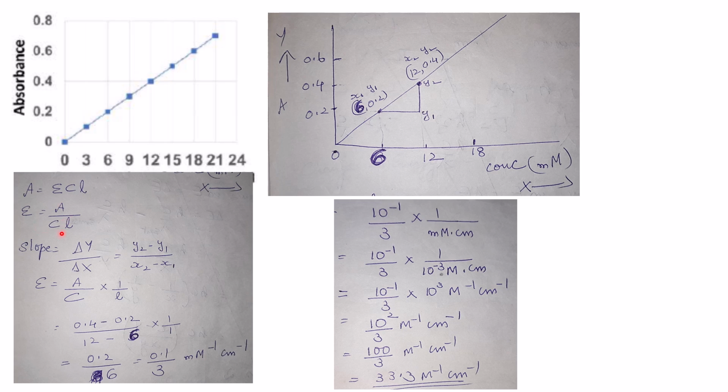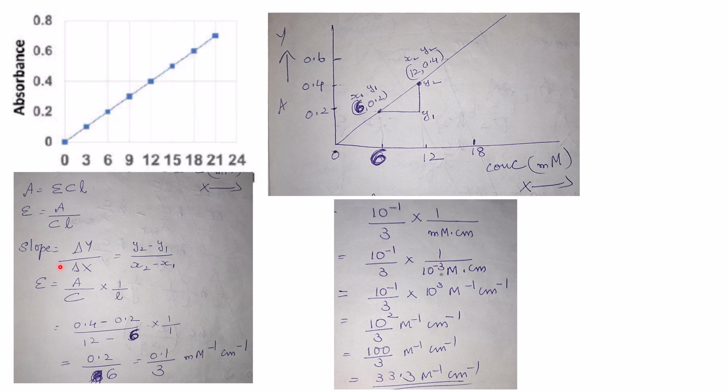Now they have given the value of L as 1 centimeter. Concentration, you don't know. And absorbance, you don't know. So if you take the slope of this graph, you will get the absorbance by concentration value.